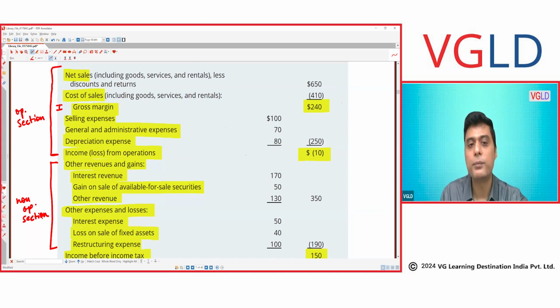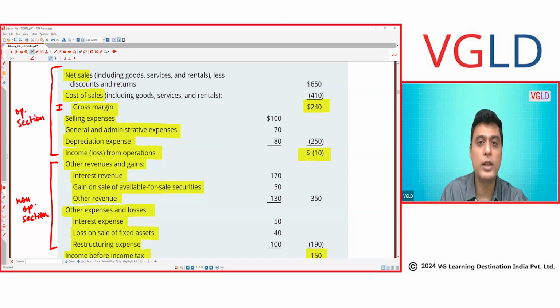But like I said, if you are a finance company, buying and selling securities is your core operations, then the classification will also not be available for sale, right? Because this is a separate class. Basically selling of securities will then become part of your operating section. If your business is buying and selling securities, then it is your operating section.